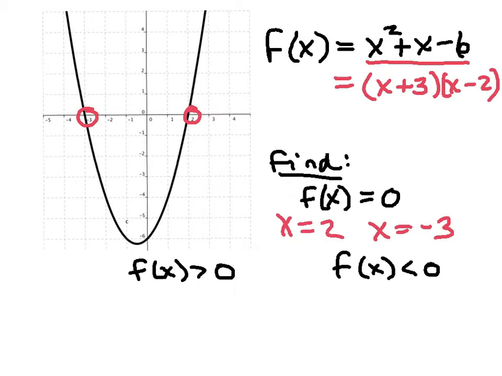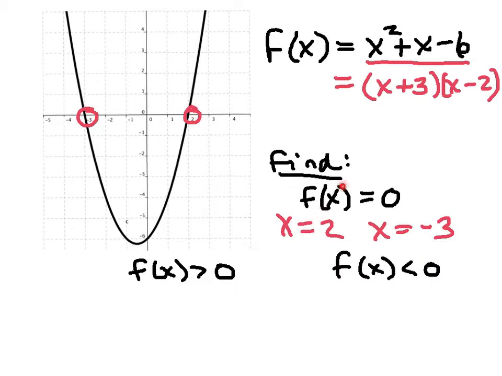Well, it's going to be above the x-axis up until it's not above the x-axis. I know that sounds weird, but the point of finding these zeros first is that's the x value where it stops being positive and starts to be negative.